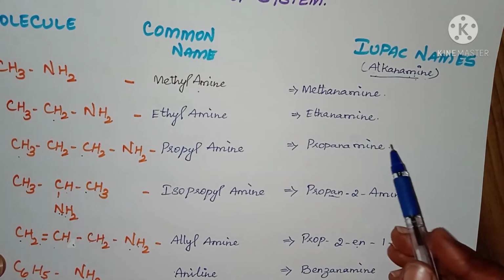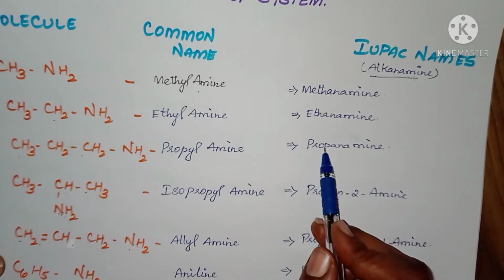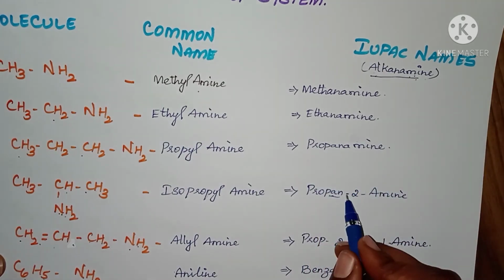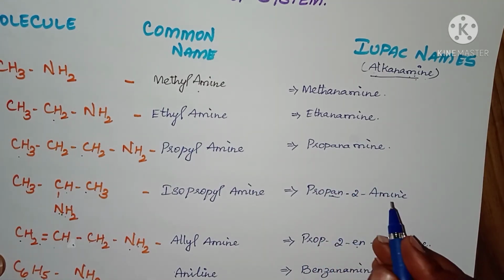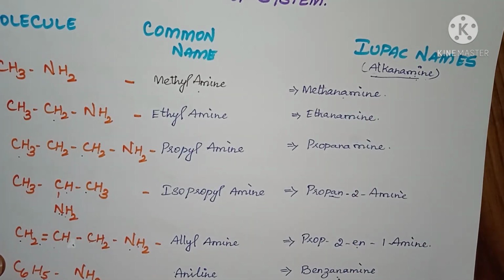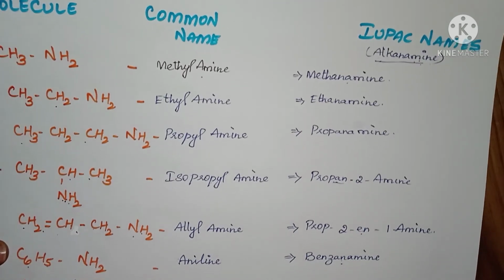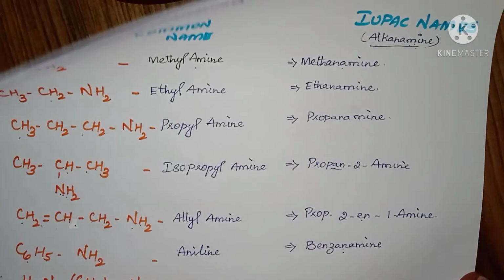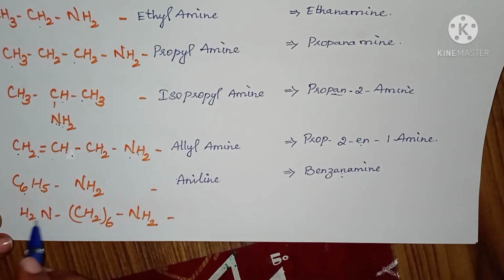See here, ethane, propane, butane: the last e you just remove, giving ethanamine, methanamine, benzenamine. Here, benzene, I have removed the e and written amine, benzenamine. The common name is called aniline.